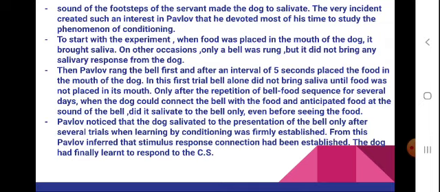Pavlov noticed that the dog salivated to the presentation of the bell only after several trials, when learning by conditioning was firmly established. From this, Pavlov inferred that stimulus response connection had been established. The dog had finally learned to respond to the conditioned stimulus.